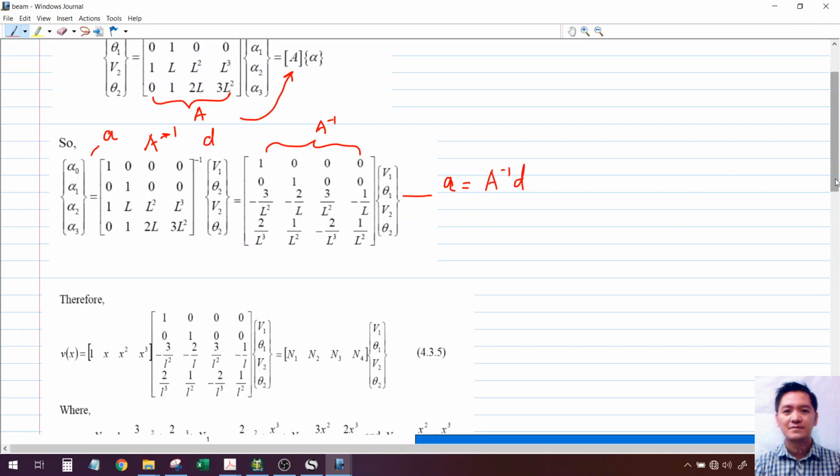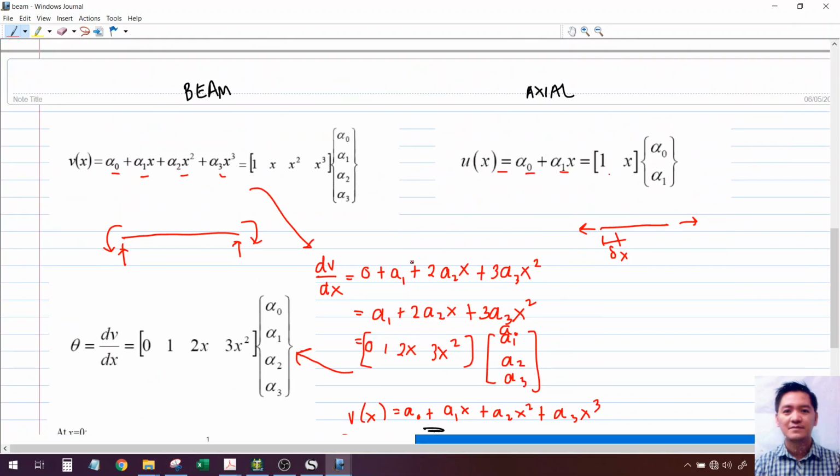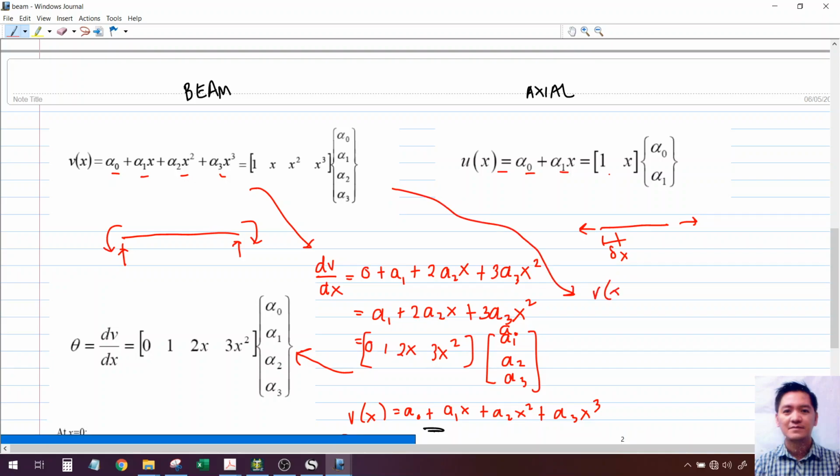Now, from here, below, we know that v of x is 1 x squared x cubed and then the alpha matrix.